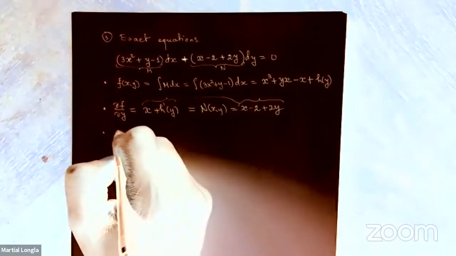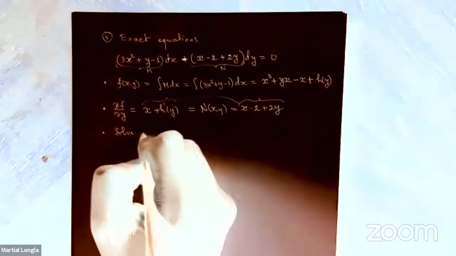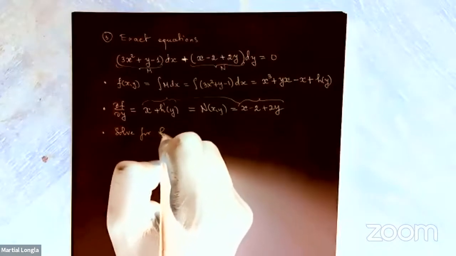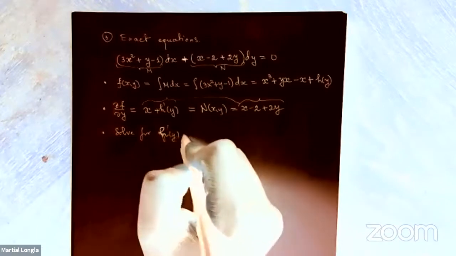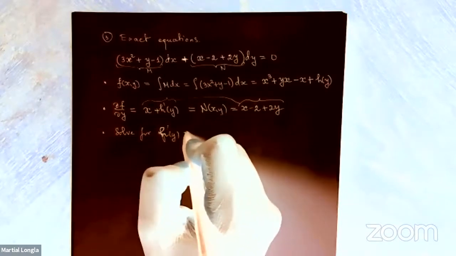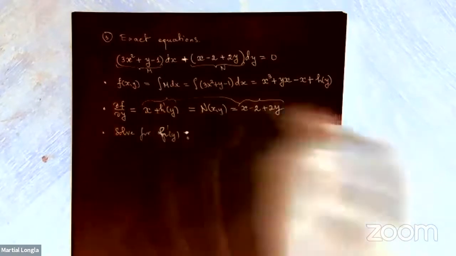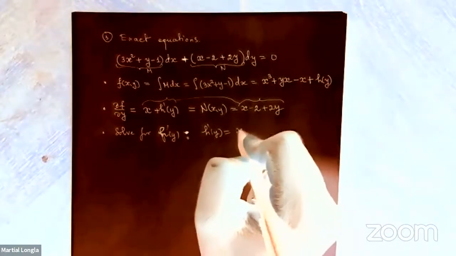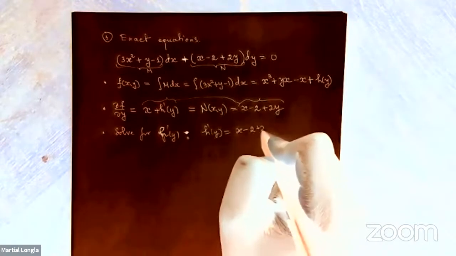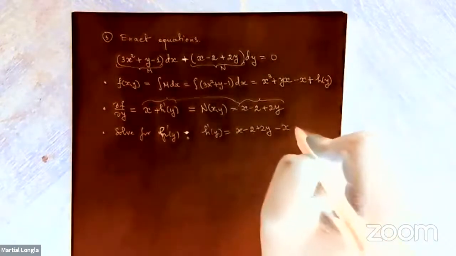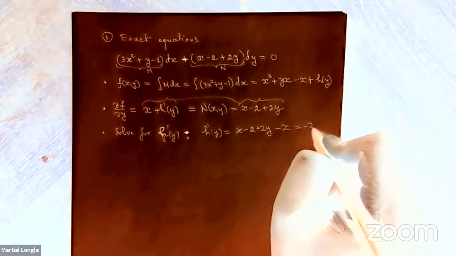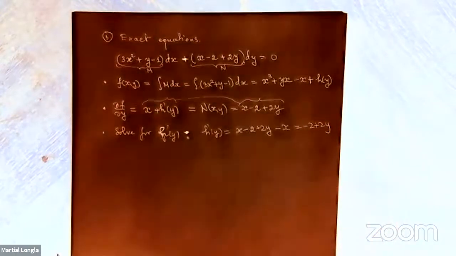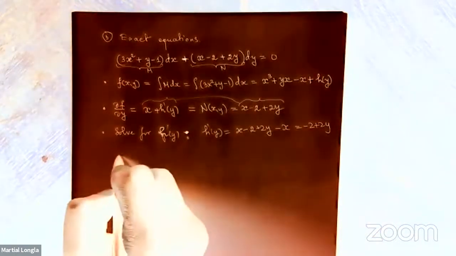In the next step, you solve for h prime of y. That means send everything else to the other side. You get h prime of y equals x minus 2 plus 2y minus x, which is negative 2 plus 2y. So that's h prime of y.